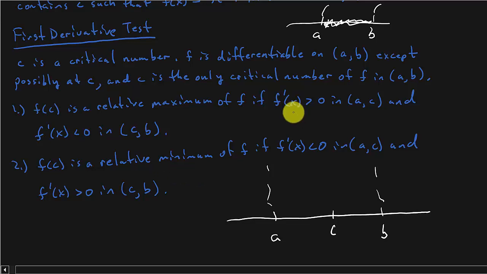So if f prime is positive in (a,c), meaning it's increasing from a to c, and f prime is negative in (c,b), so in this part the derivative is negative, which means it's decreasing, you can see you have a relative maximum. And then it's similar for this. In (a,c) it would be decreasing, in (c,b) it would be increasing. You would have a relative minimum. Okay.